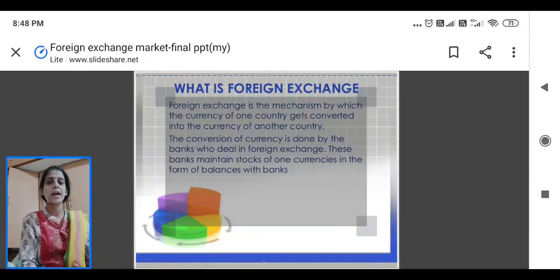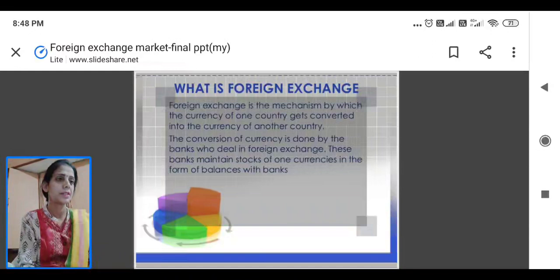No, that will not happen immediately. You need to submit your currency by check or in the form of deposits, but it takes a minimum of 2 to 3 days. Within 3 days the entire transaction may be completed, in the case of the spot market. I will explain what a spot market is in a later segment.